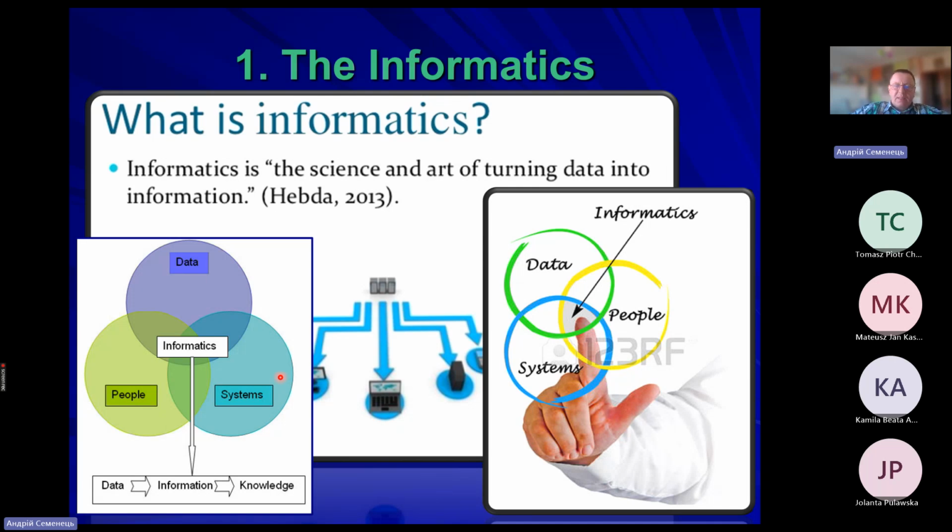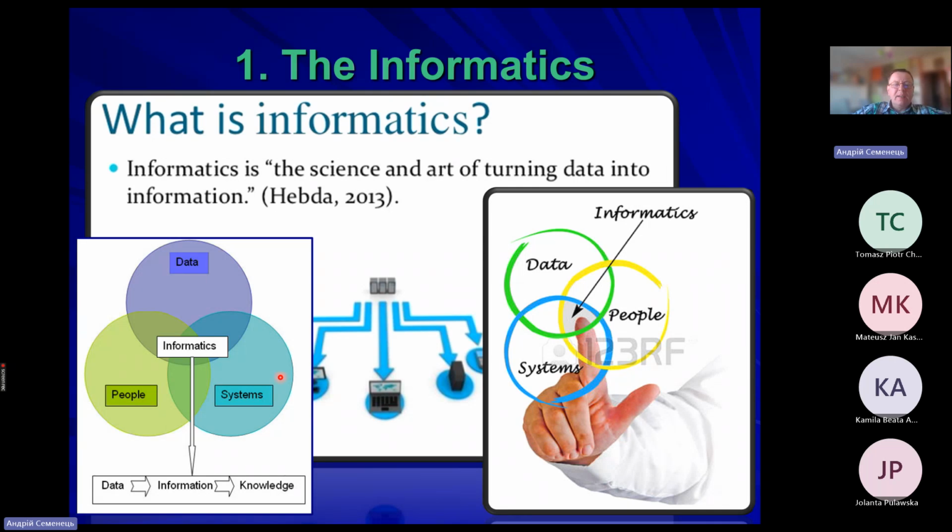We consider informatics as the science and art that turns data into information, and it has become extremely critical, especially in recent decades, when we have huge data, more and more every year, month, day, being generated. And we need to retrieve something meaningful from this data.